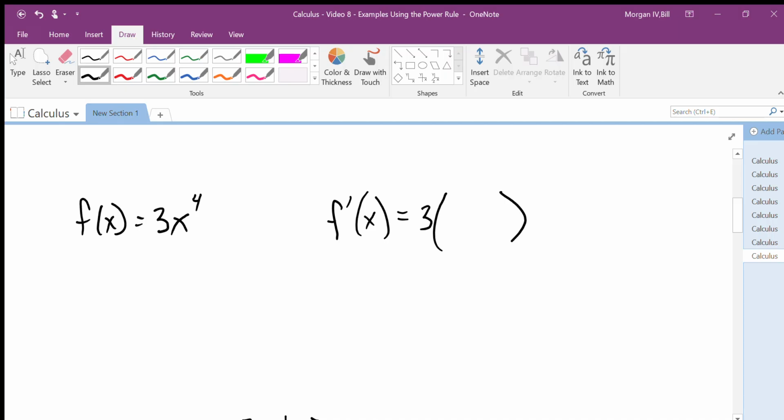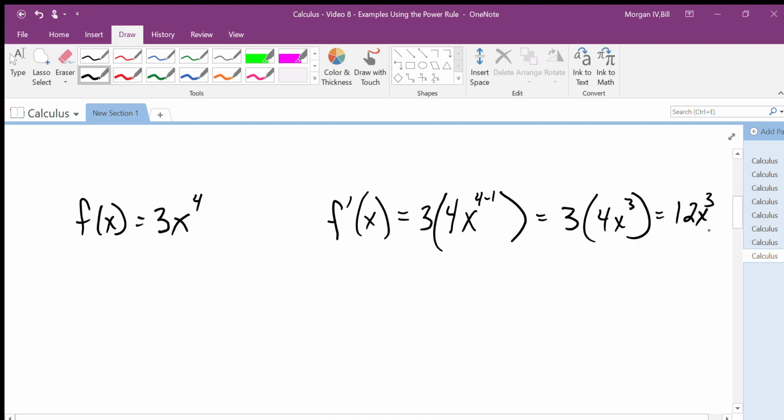So the n value is 4, so we'll have a 4 as a coefficient, times x to the n minus 1, that would be 4 minus 1. So we have 3 times 4x to the third, or simply 12x to the third.